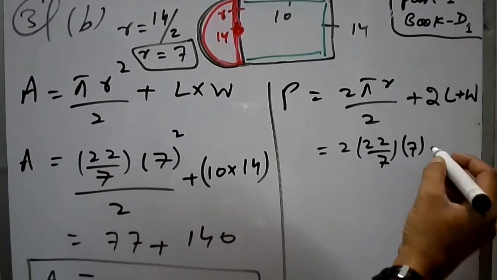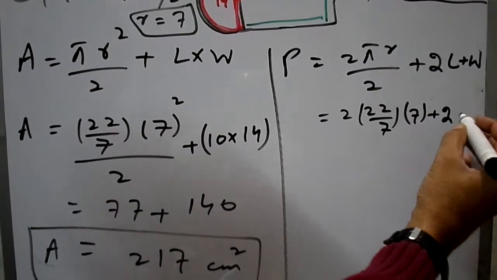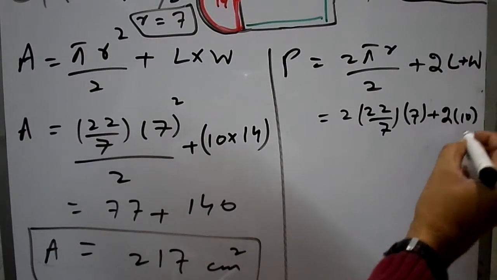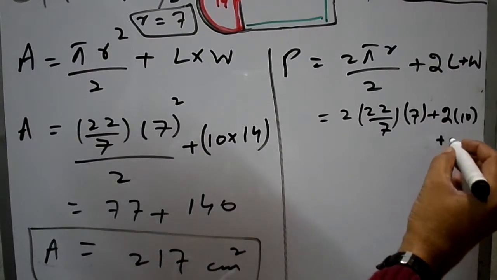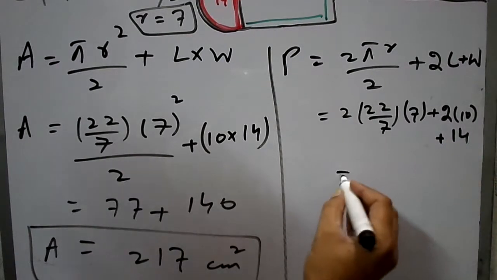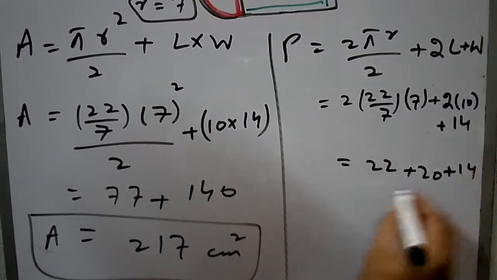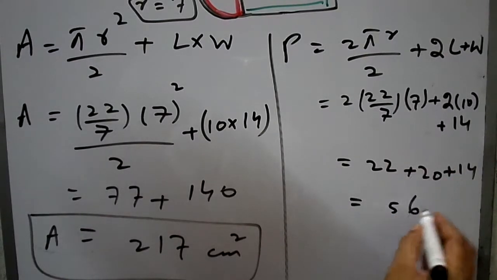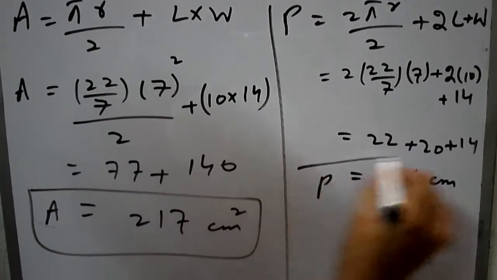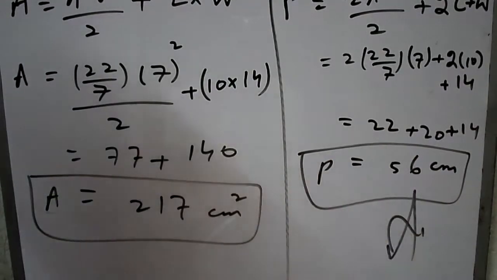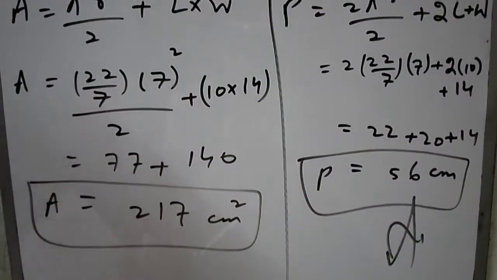So plus 2, the length is 10, plus the width is 14. So after simplification your result is 56 centimeters, so that is your perimeter. Now coming to the C part.